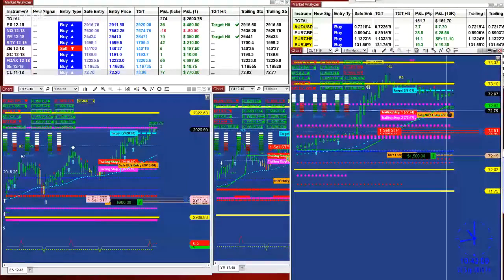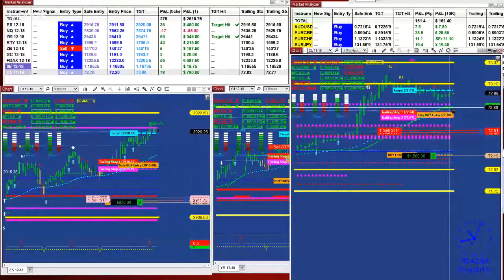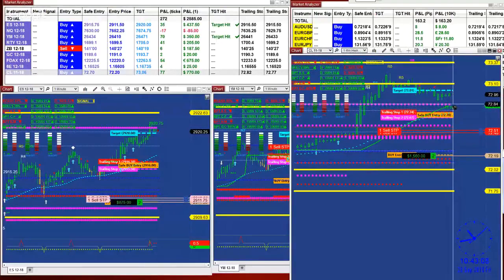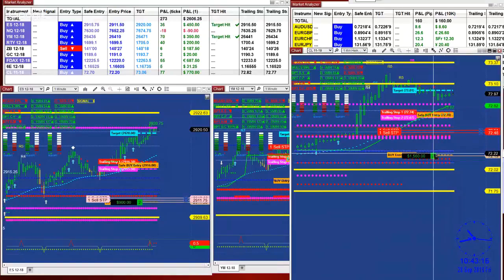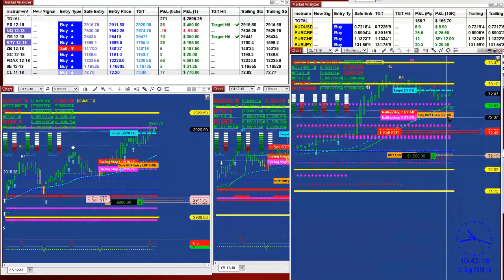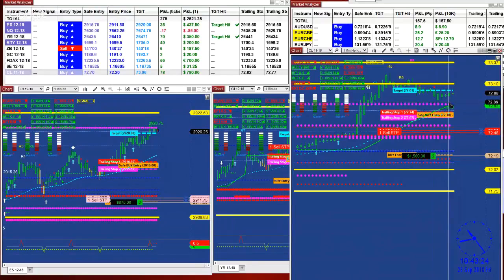This is a pullback re-entry on the CL. The true average price is 72.82. Fair enough. This is a good potential for re-entry on the CL if you want to, but this is a high-risk trade. If you have not taken the trade from the beginning, now you are diving into a very high-risk trade. Today is a Friday. So this is a re-entry point.